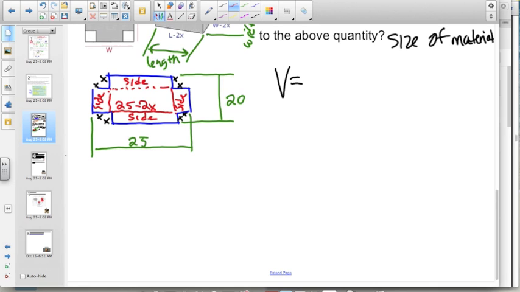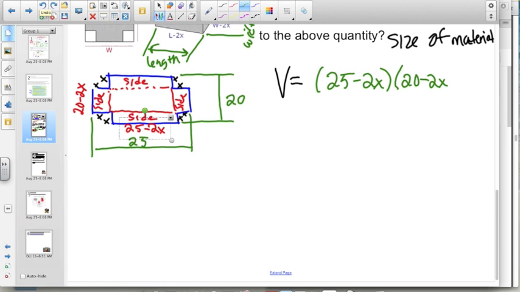That becomes how much? That becomes 20 minus 2x. So now we have, in terms of the dimensions of our box, the length, the width, and the height, expressions that we can now put in. So our length is 25 minus 2x, our width is 20 minus 2x, and our height is x.